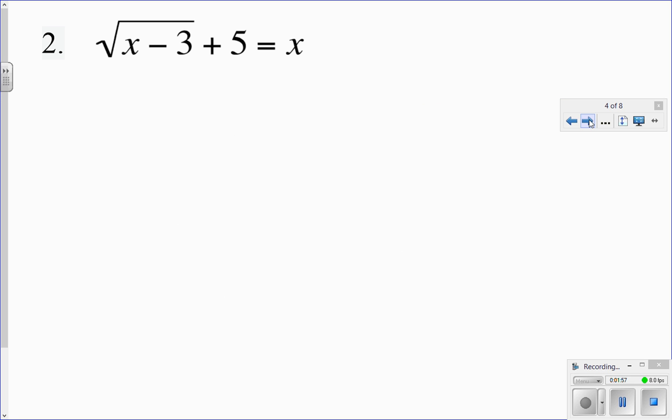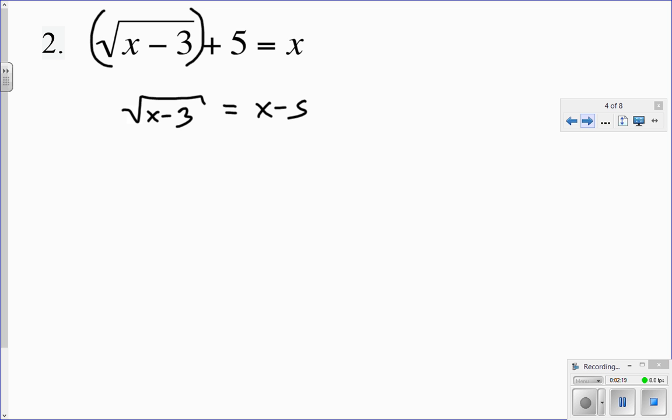Next one here, I have the square root of x minus 3, plus 5, is equal to x. So what happens, I need to isolate my radical. By doing so, I'm going to get the square root of x minus 3 is equal to x minus 5.